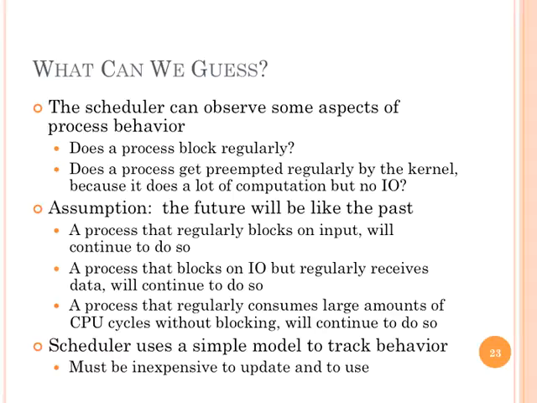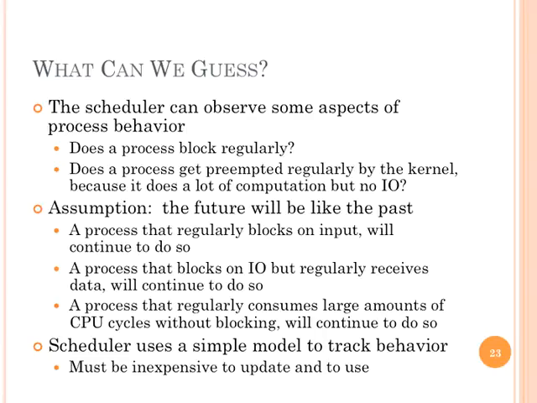Okay? And so we have a model. It's simple because it has to be updated quickly, and we can't data mine or anything like that because it's a scheduler. The other thing about this is that it also needs to be able to adapt to changing program behaviors. Think about MATLAB and Mathematica.